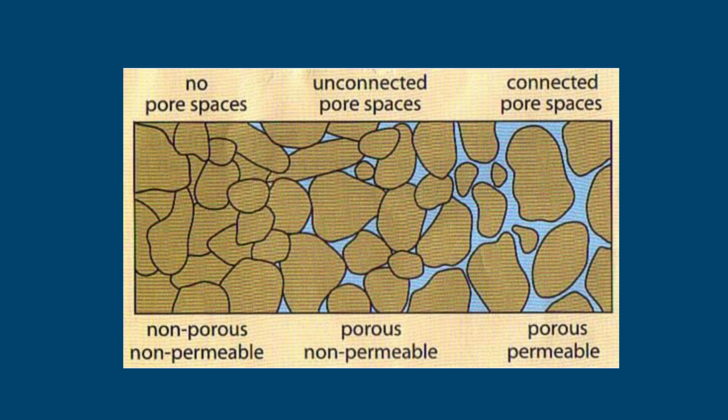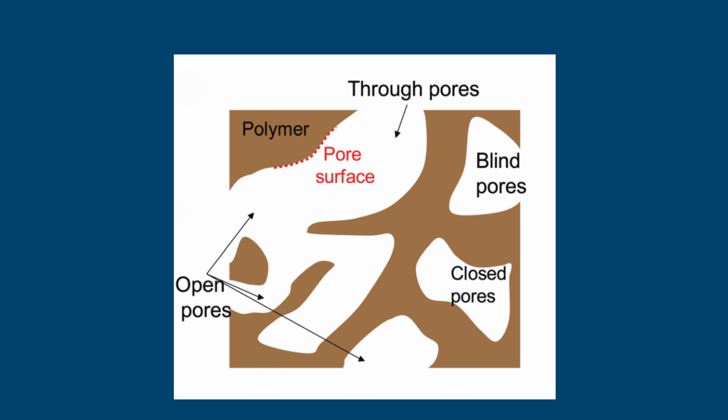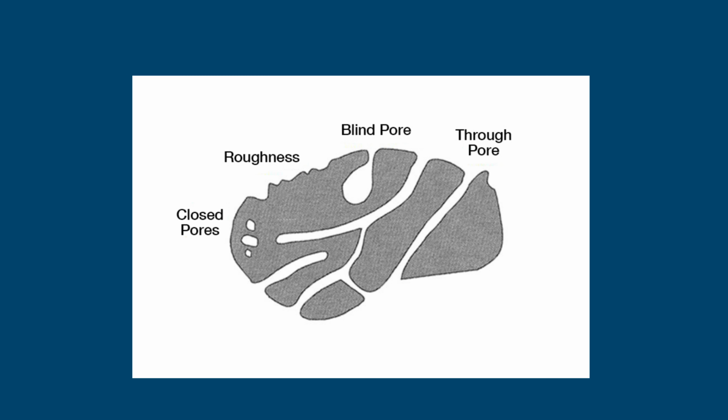Pore connectivity is another critical structural parameter. Open pores, including through pores and blind pores, enable the transport of gases and liquids and are essential for applications such as filtration, sensing, and catalysis. Through pores provide continuous pathways for mass transfer, whereas blind pores contribute to localized interactions and surface functionality.